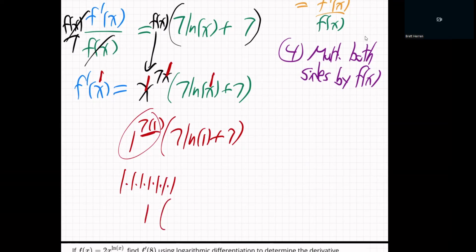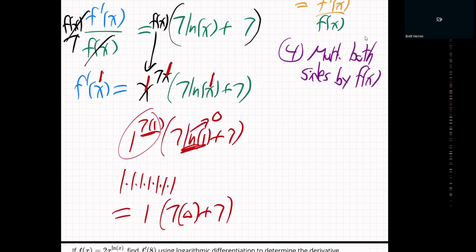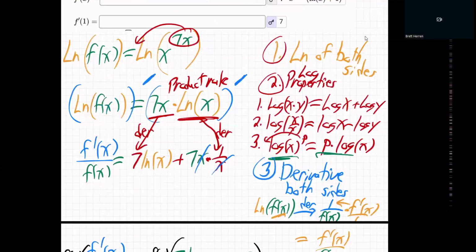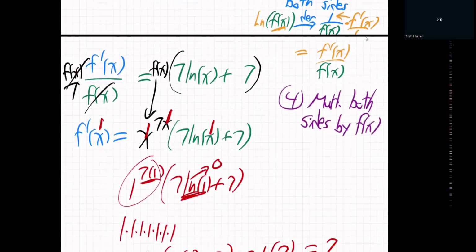That's just 1. And ln of 1, you check on your calculator, is 0. So this is 1 times 7 times 0 plus 7, which is 1 times 7, which is 7. And that's what they got, 7. Yep. And so there we go.